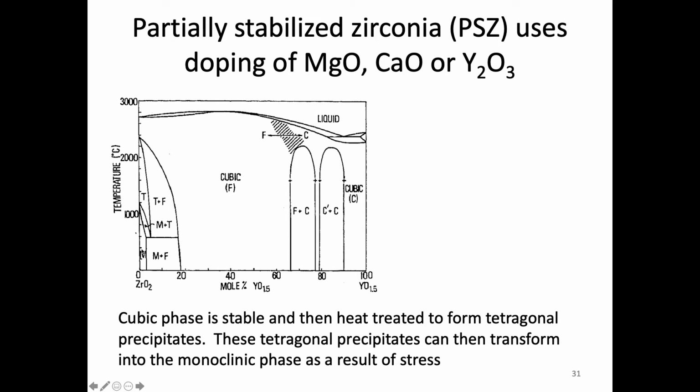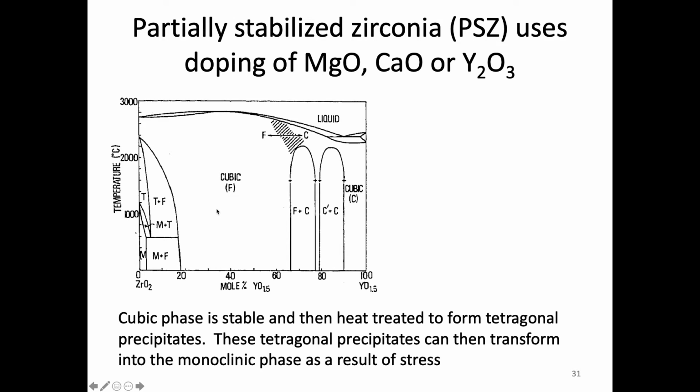We see the monoclinic phase, the tetragonal phase, and up here the cubic phase. Well, if we add enough of, in this case, yttria, then at 20% yttria, we see this giant region of cubic. So we've essentially partially stabilized that cubic form that is usually a high temperature phase.